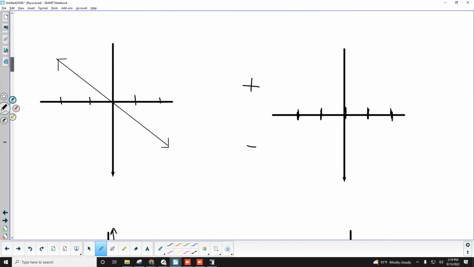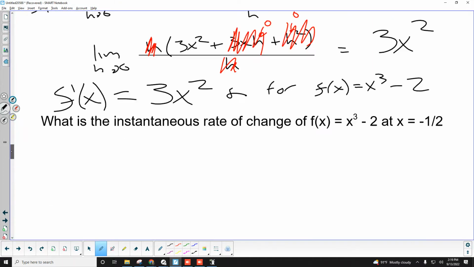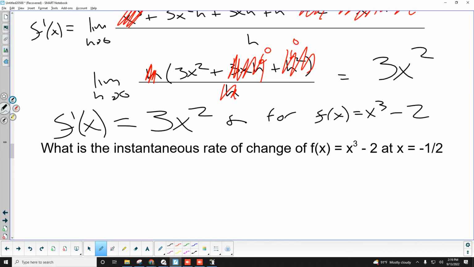What about, and this is where we can go back and catch up with their notes, what about the instantaneous rate of change of x cubed minus 2 at x equals negative a half? Whoa, Mr. Messner seemed to have gotten a lot harder.